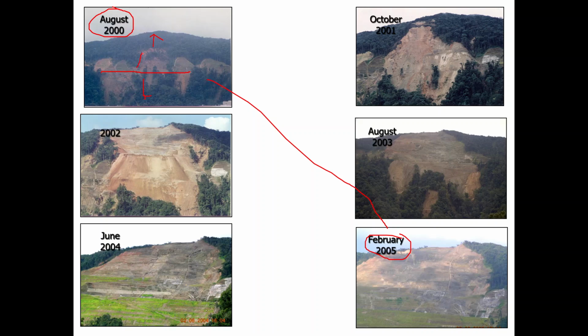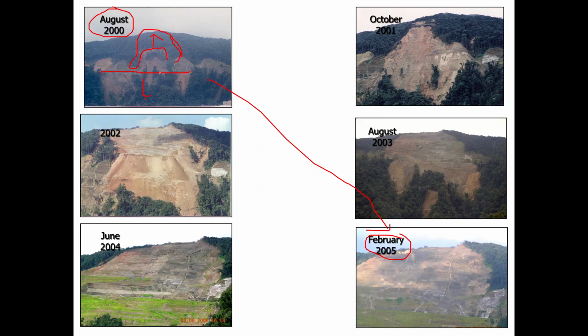You can see the failure happen here, starting here, and then they made remediation. Until 2005, you can see all this slope already has construction remediation up to the top of the mountain. So you can see how severe this failure is.